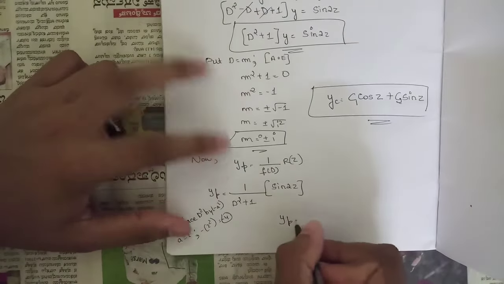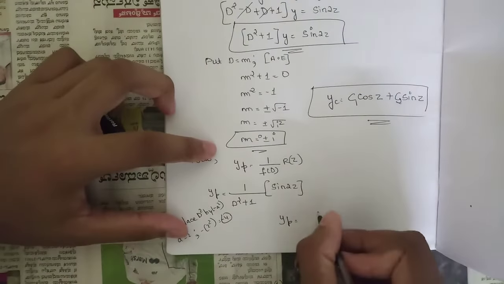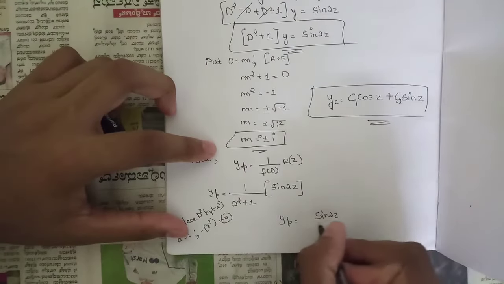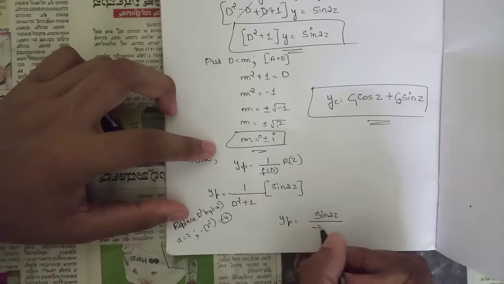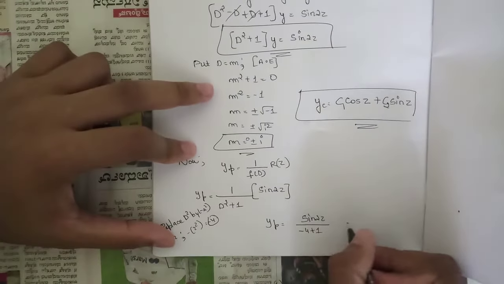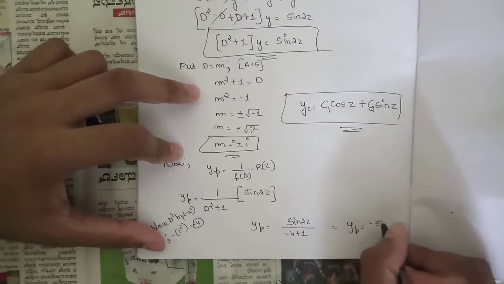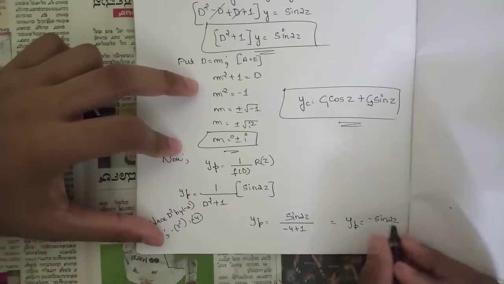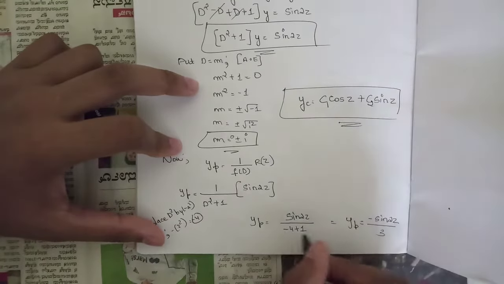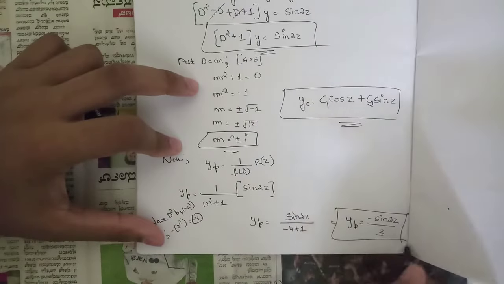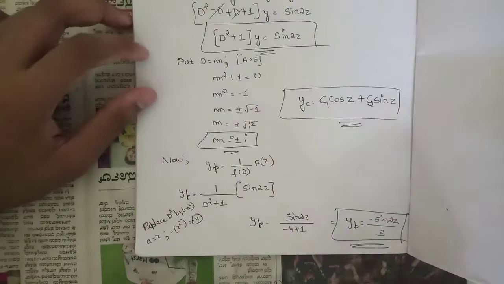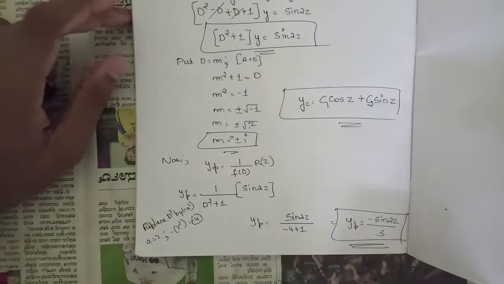So Yp we get as sine 2z divided by minus 4 plus 1. So our final answer for the particular integral is minus sine 2z by 3. Minus 4 plus 1 is minus 3, so I have written that minus in the numerator. So this is your particular integral.